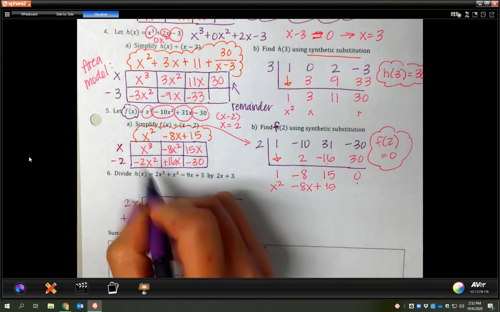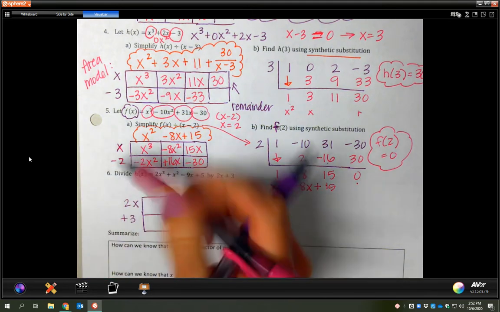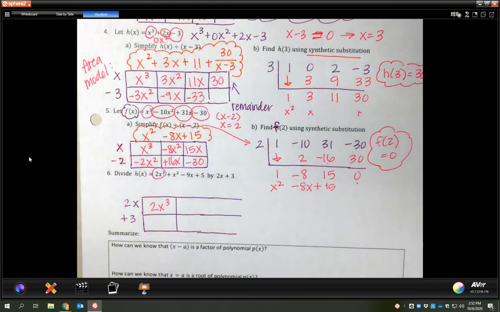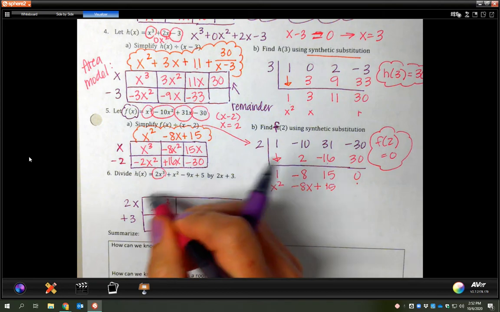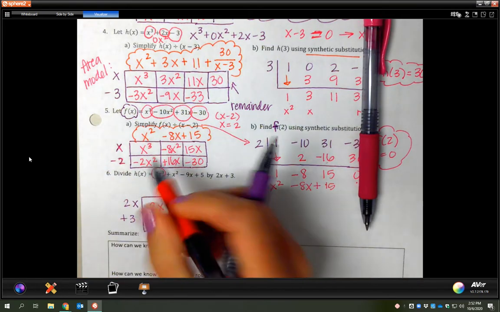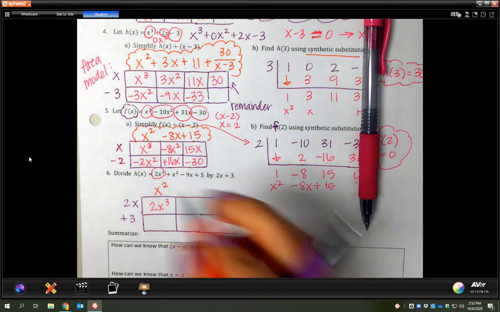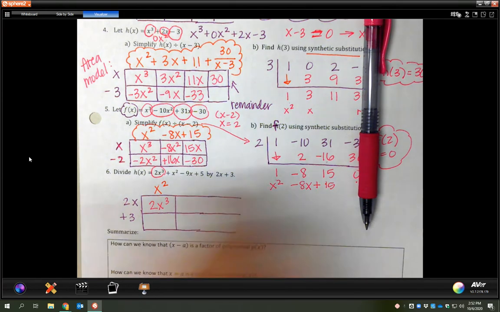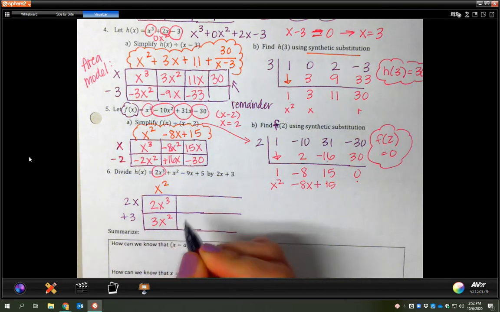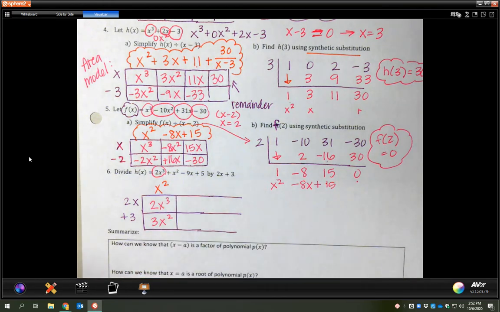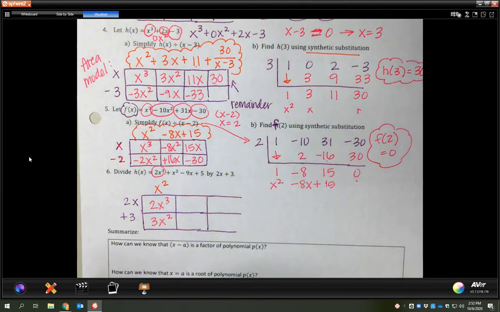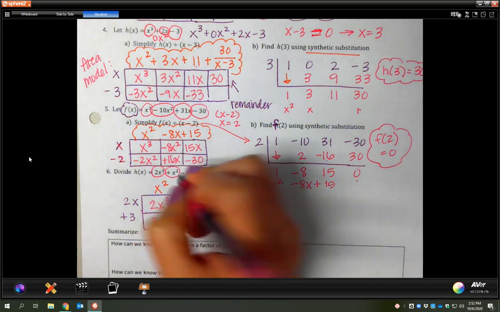All right, so I'm going to take the first term and put it in the first box. Then I go to the top and figure out what multiplies to 2x to get 2x cubed. And then I fill in the bottom box: x squared times 3, 3x squared. Next column, and next term, x squared.